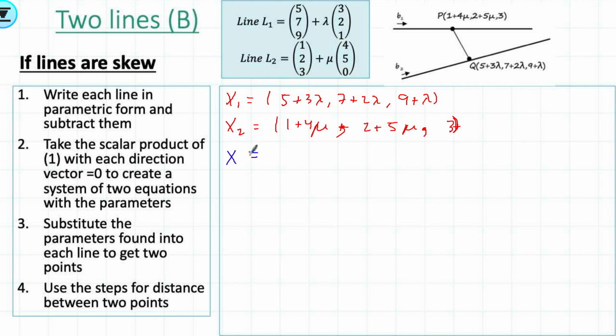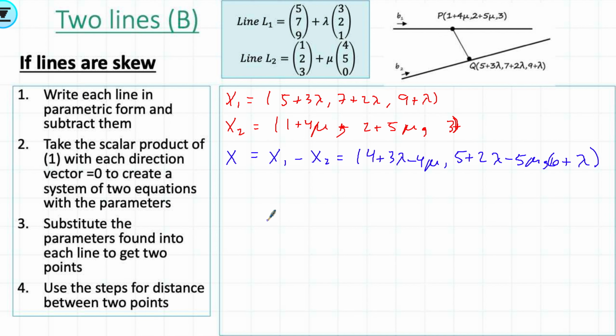Then subtracting them from each other, we will get a new line. So what I'm doing is x1 minus x2. And that will give me (4 + 3 lambda - 4 mu, 5 + 2 lambda - 5 mu, and 6 + lambda).